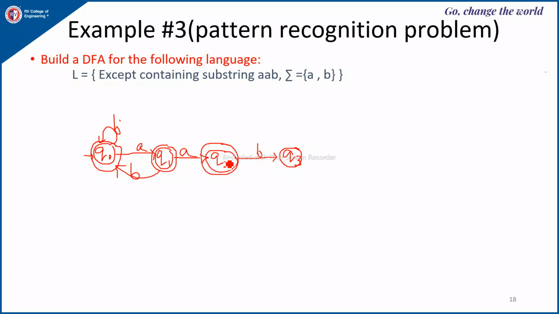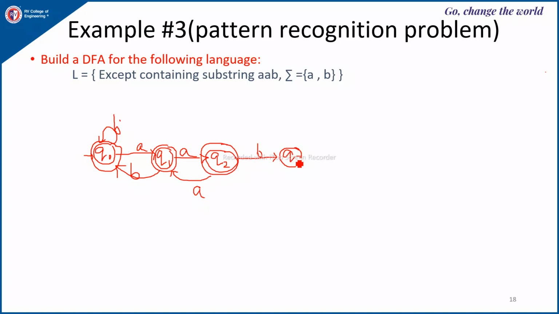Now Q2 on B is there, Q2 on A: if it is A, you go back to the state Q1 where you have already read one A. So still one A is read. Then next A, next B, it should go to the Q3 state. Now Q2 on A and B is over.